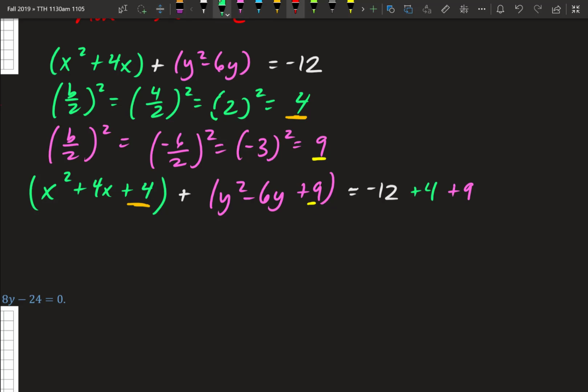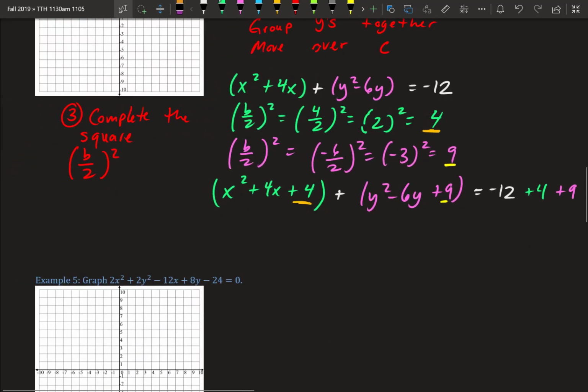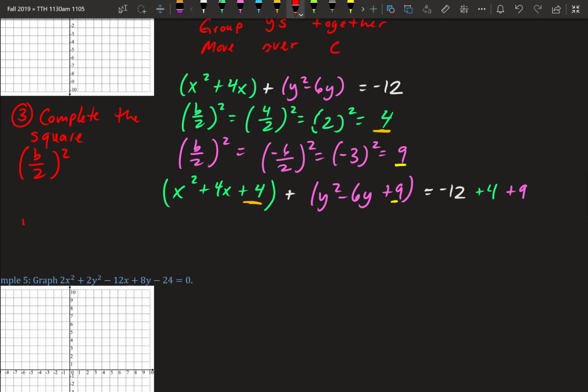From there, after we do that, we're going to factor. So our fourth step is to factor. So it's actually quite easy to factor this. It's always going to be your variables squared plus variables squared.